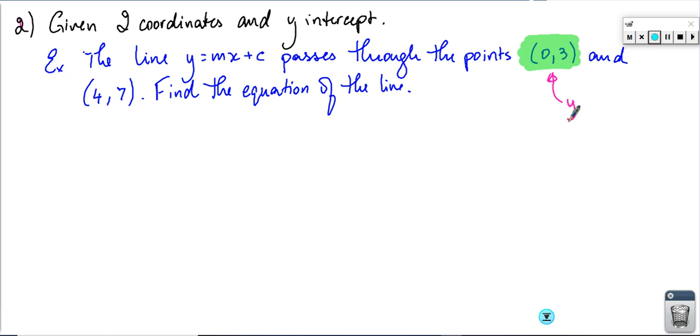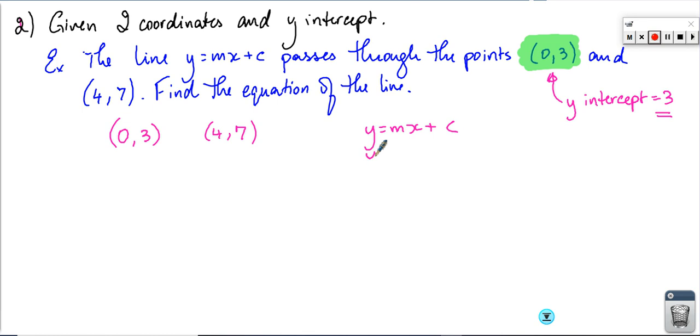So that tells me that the y-intercept is 3. So we are given the y-intercept, somewhat hidden, but we are given the y-intercept.